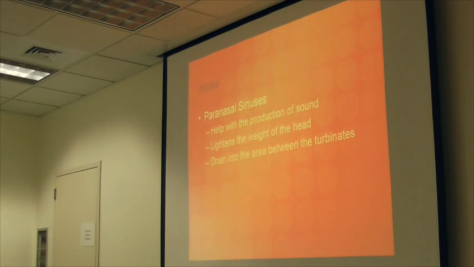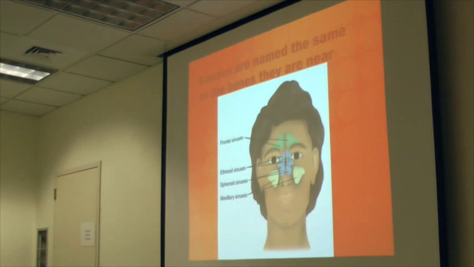There are sinuses, which are holes in the skull. So what do I need you to know about this? It would be nice to see the picture first. Okay. All right, so in the skull, there's these cavities or these spaces.